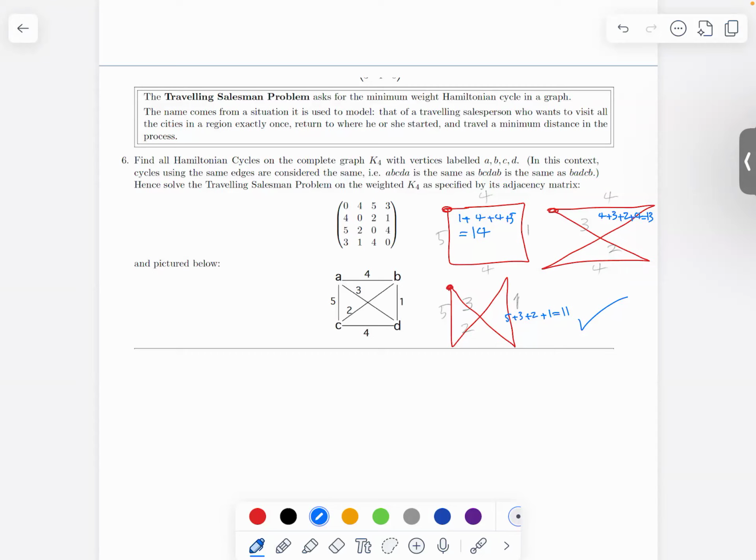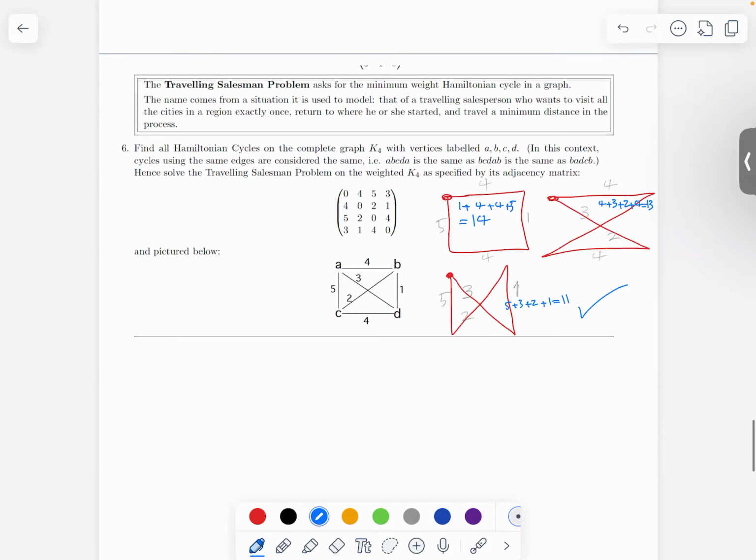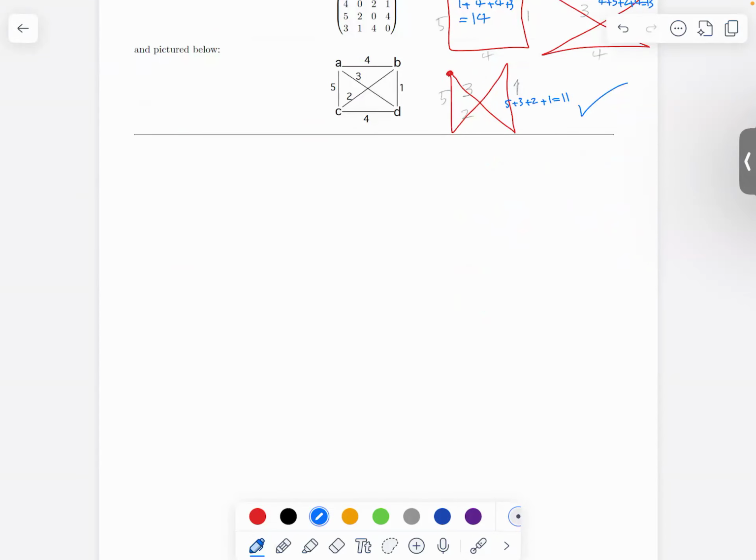I don't want to ignore the opposite side of the road. We can treat it as different vertices. All right, so this was question 6. I know it's very easy for you.